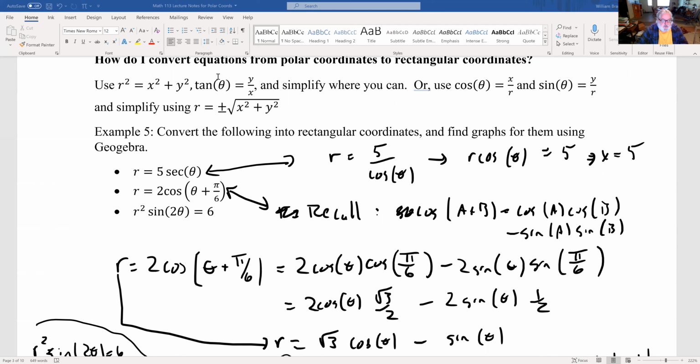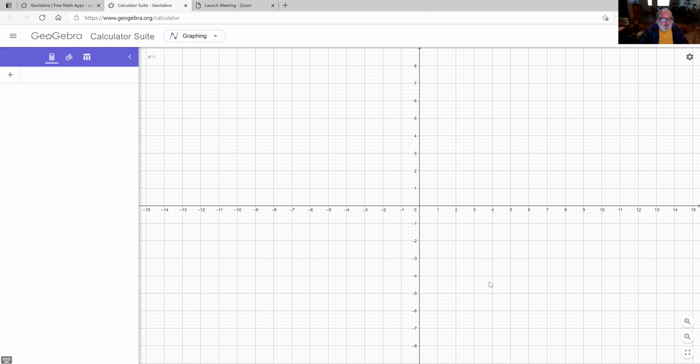It's my GeoGebra. Hang on one second, I need to bring that up. There we go. Here's my GeoGebra. Okay, so hopefully I'm sharing GeoGebra now.